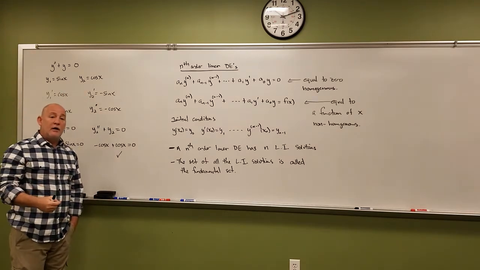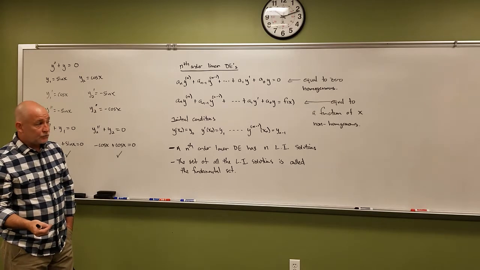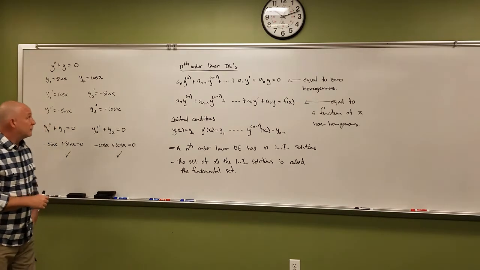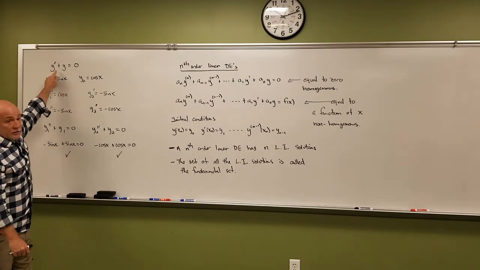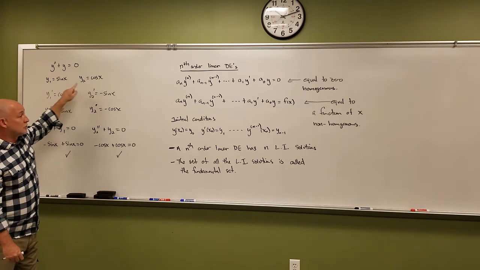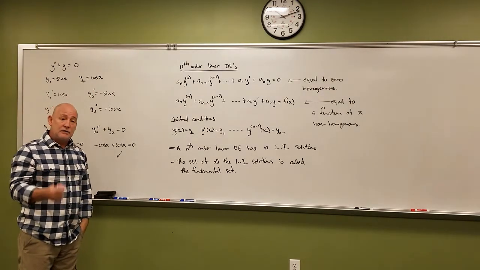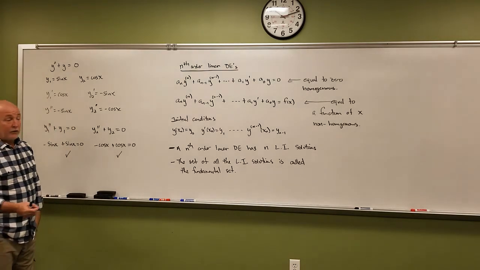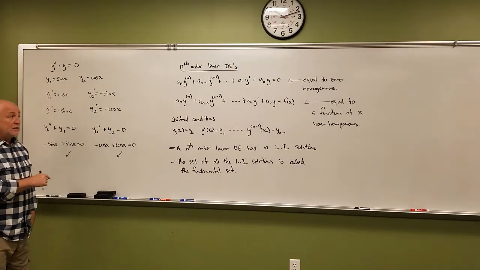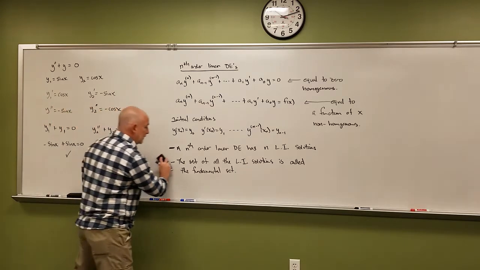Now, how do I know that I've found all the solutions? Well, we need 2 more pieces of information. First off, this was a second order differential equation, so I was expecting 2 solutions. Also, I would need to know, are these linearly independent solutions? And lucky for us, we already tested that. We know that these are linearly independent.